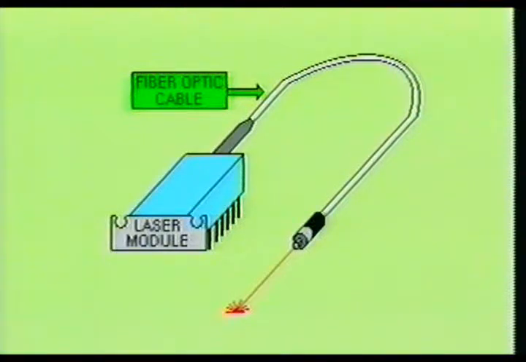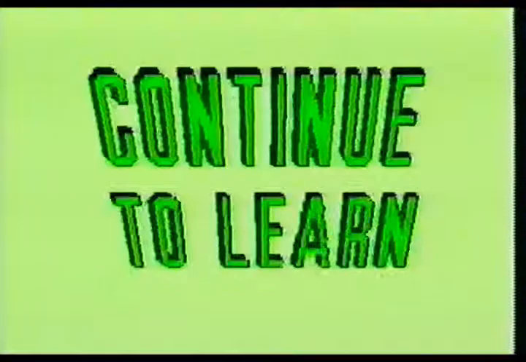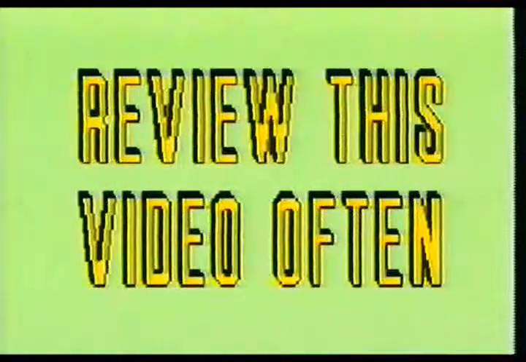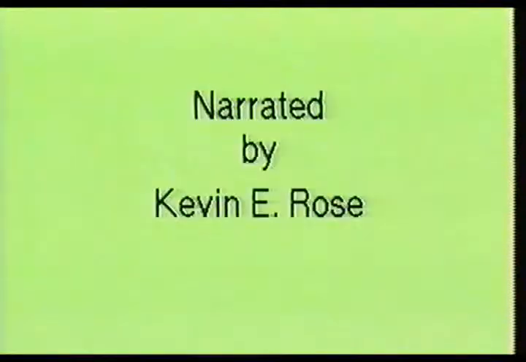As a technician, you must learn this new technology to further your career in electronics. All that a person achieves, or all that they fail to achieve, is a direct result of their own education. As always, you should review this video often to retain your newly acquired knowledge.